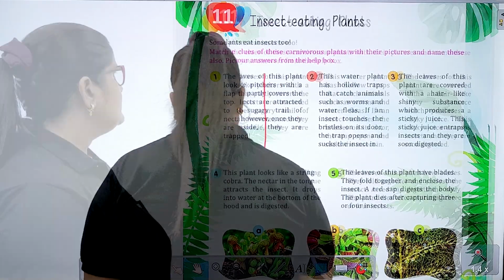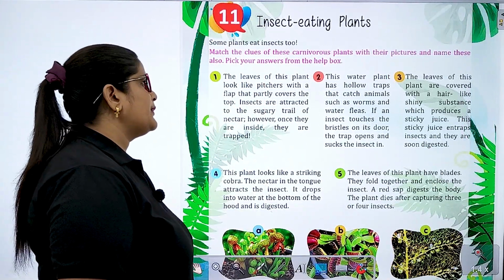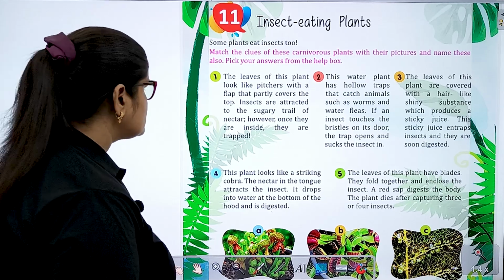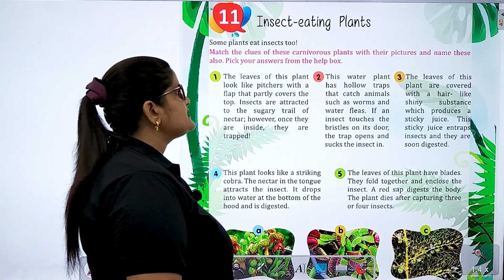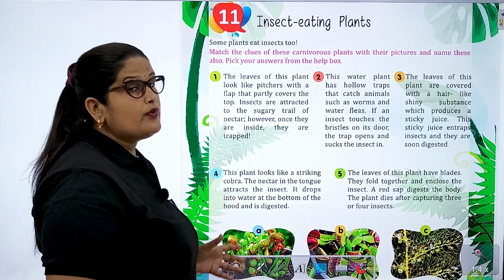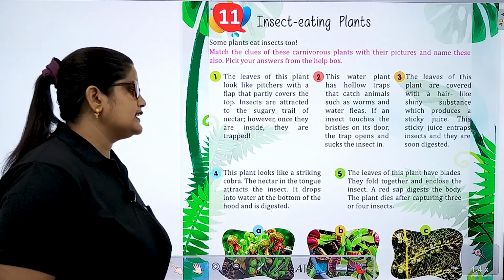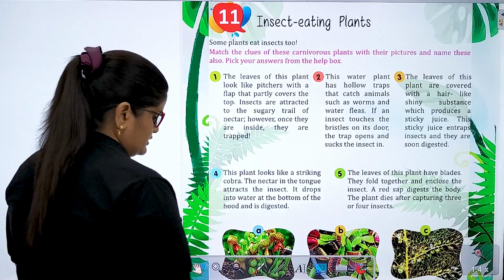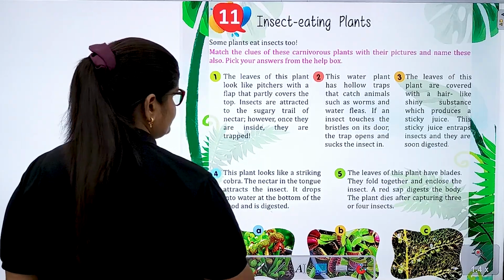The leaves of this plant look like pitchers with a flap that partly covers the top. Insects are attracted to the sugary trail of nectar. However, once they are inside, they are trapped. So this is the pitcher plant.